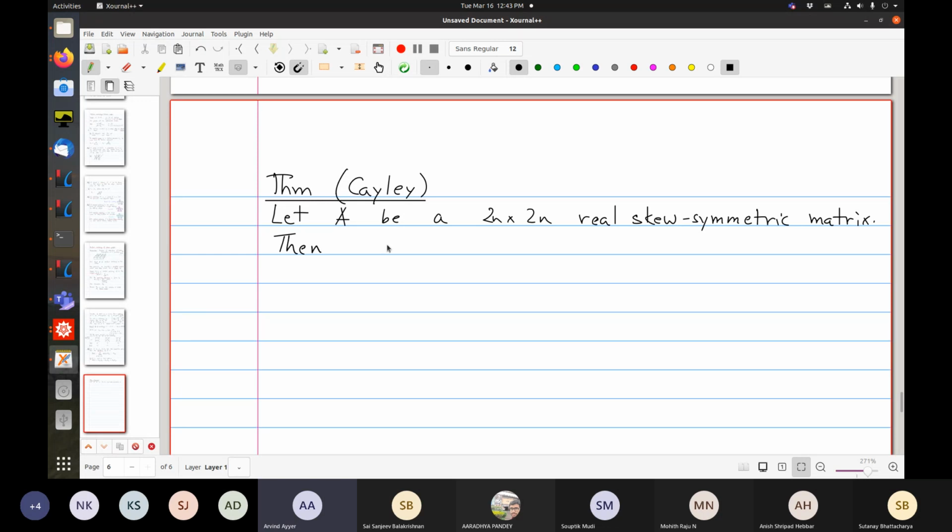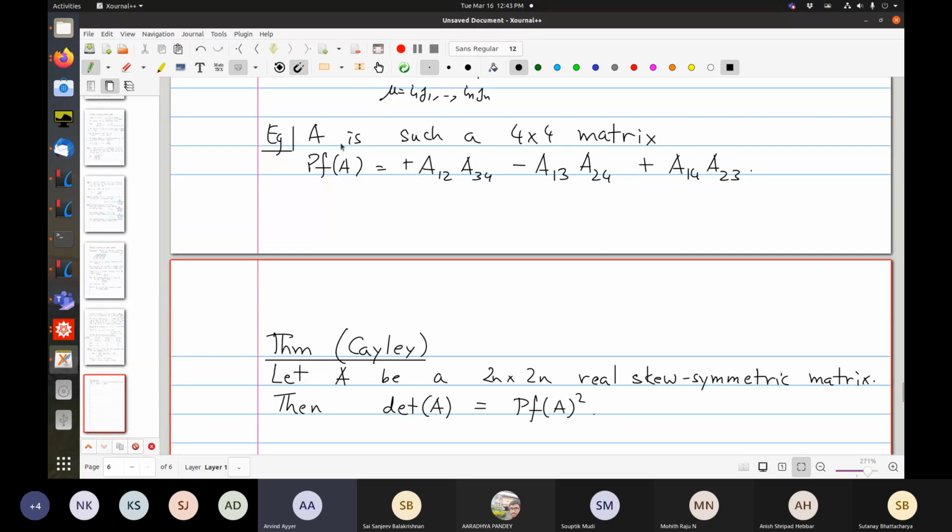Then the determinant of A is the square of the Pfaffian. It's exactly the square, in the sense of polynomials in the variables. So for this example, the determinant of this matrix will be the square of this expression.